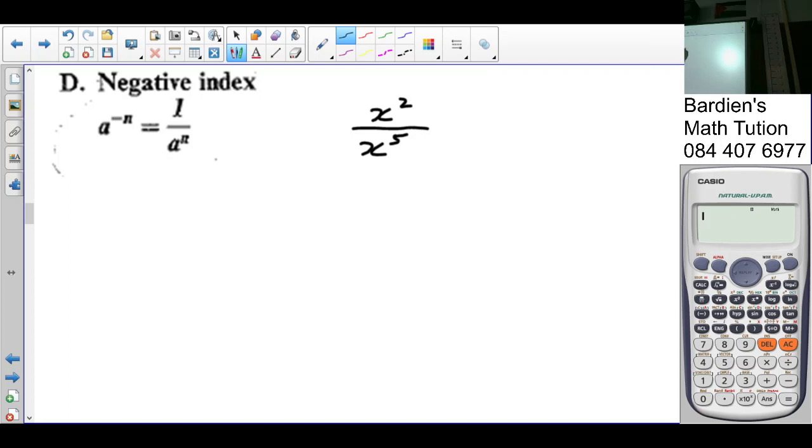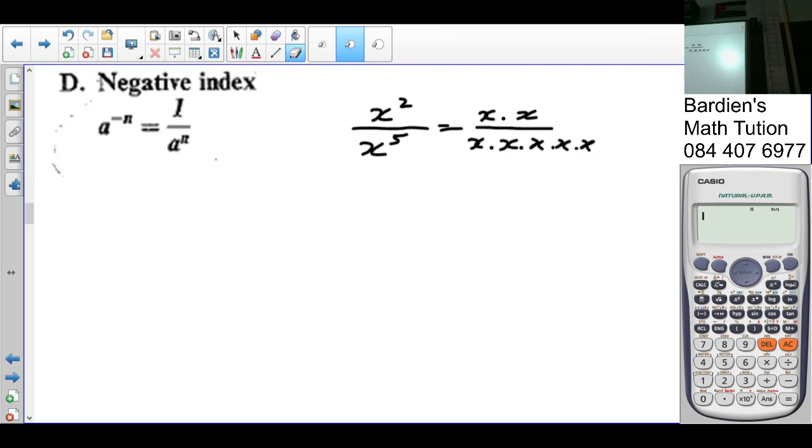If I write it in expanded form: x times x over x times x times x times x times x. That is 1, 2, 3, 4, 5 x's.